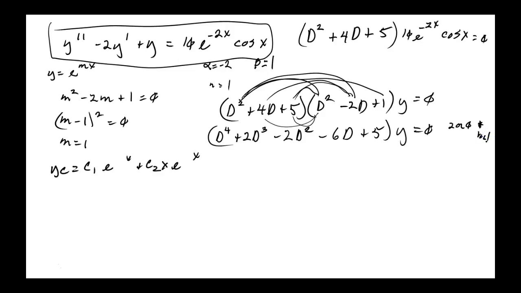And then if you did the negative d, that would still be d fourth minus 2d cubed minus 2d squared plus 6d plus 5 equals 0.